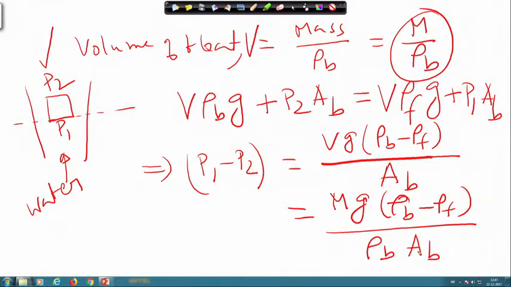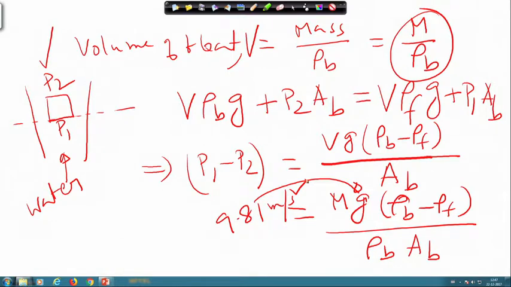Now, look at this expression. We know all the information. g is 9.81 meter per second square. Density of the float, specific gravity is given. Rho f, density of the fluid or water, is a known quantity.